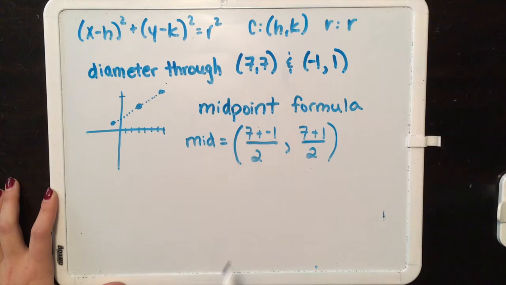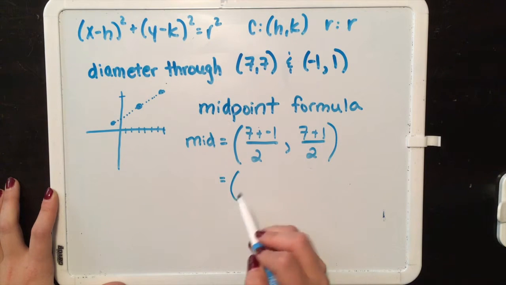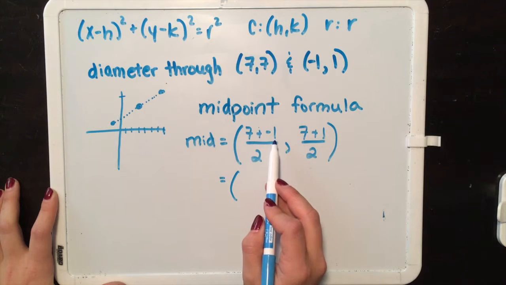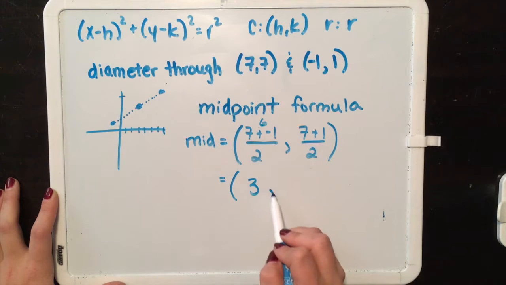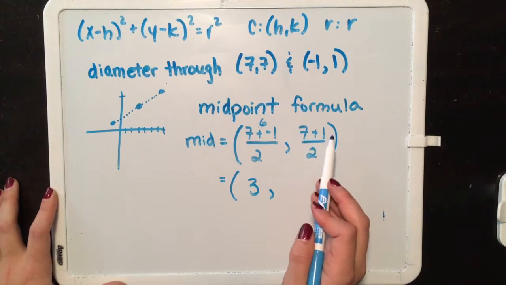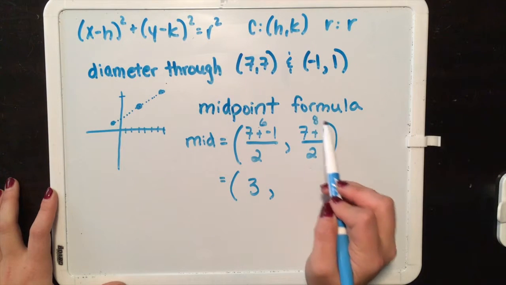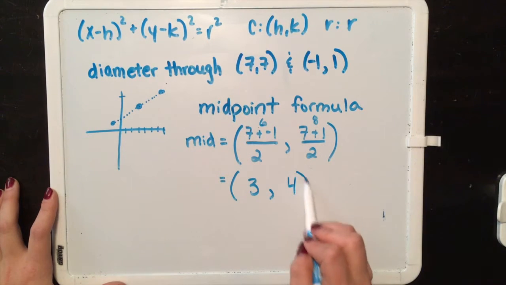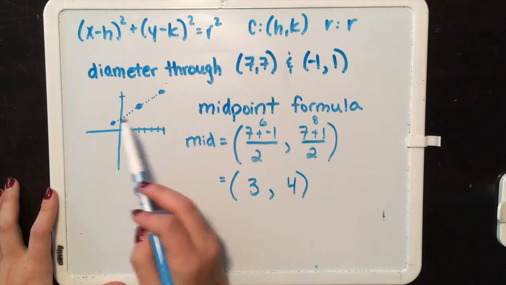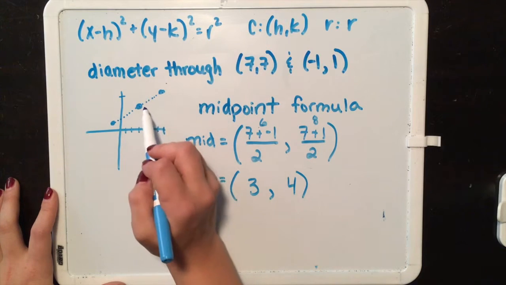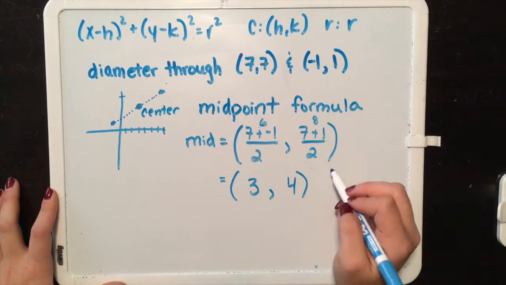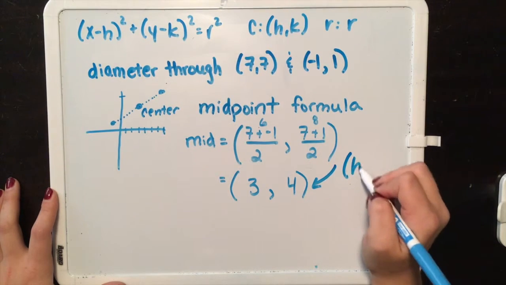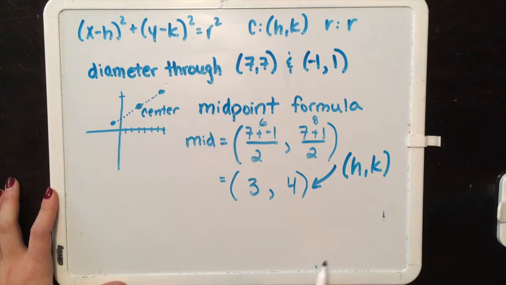And this will tell us our midpoint. 7 plus -1 is 6, divided by 2 is 3, and 7 plus 1 is 8, divided by 2 is 4. The midpoint between our 2 points on the diameter is also the center. So we have found our (h, k).